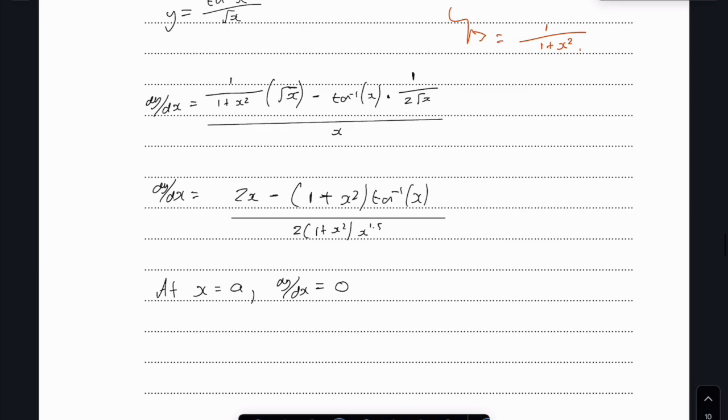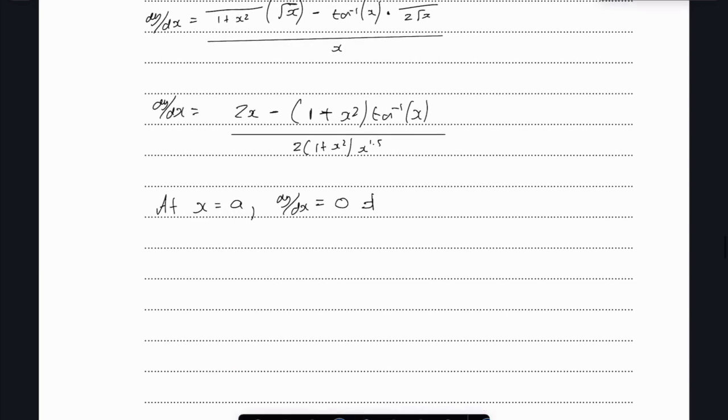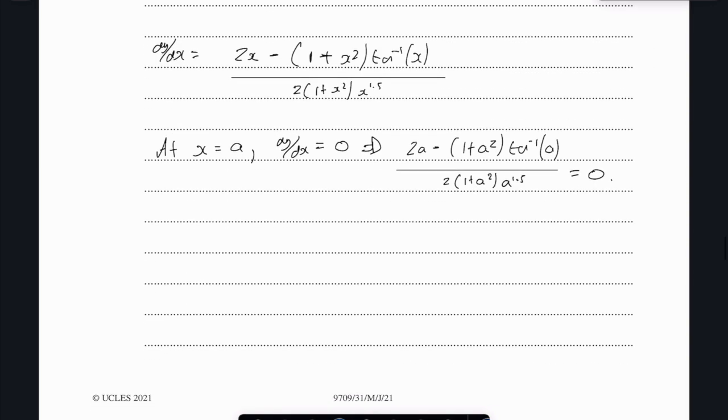So if dy by dx is equal to 0 there, that means 2a minus 1 plus a squared arctan a, over 2, 1 plus a squared, a to the 1.5, equals 0. Which means what?